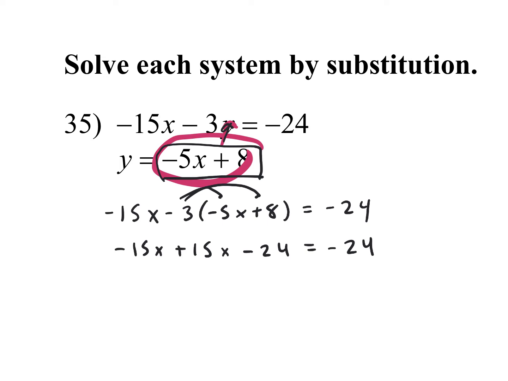Now we need to combine like terms. So what's negative 15x plus 15x? 0. So these cancel out, it's just 0. So then we're left with negative 24 is equal to negative 24. Is this true? Yeah. So what do you think our answer is? Infinitely many solutions.